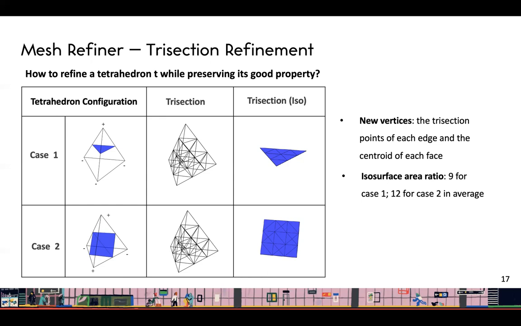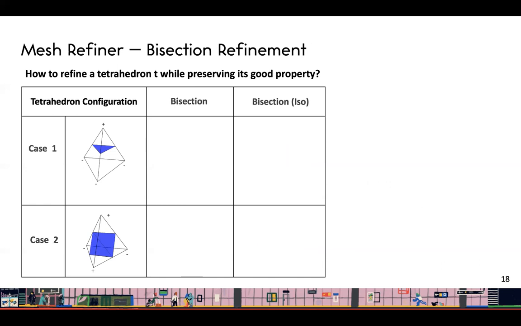For case 2, the number is not always the same, depending on the shape of the tetrahedron. It is between 9 and 17, with an average of 12. The advantage of trisection refinement is that it preserves good properties of both the volumetric elements and the isosurfaces, but it can be very violent since we add too many points into the triangulation.